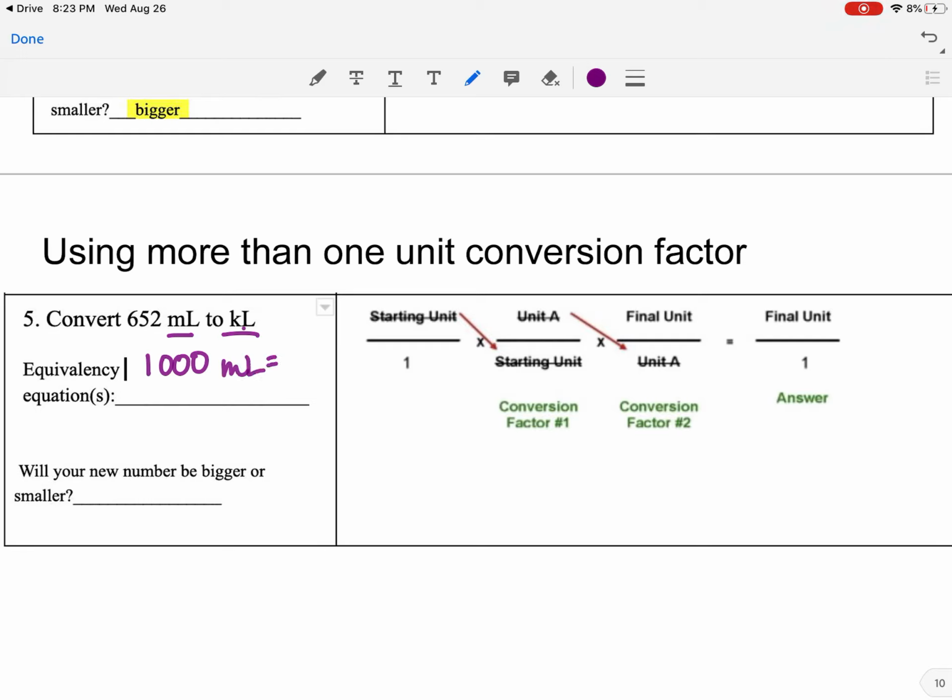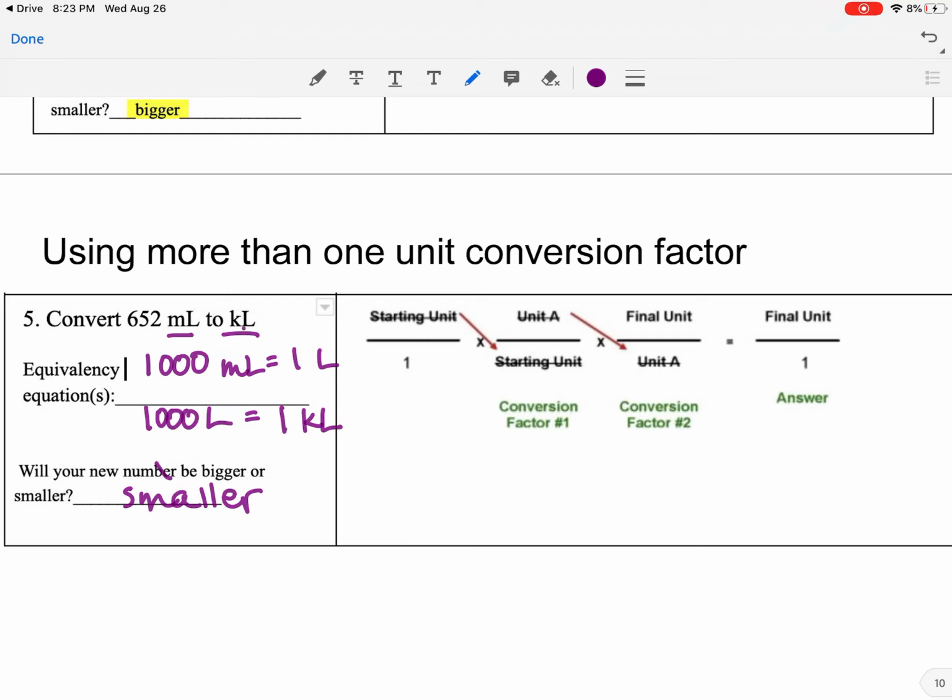I know that 1,000 milliliters is in 1 liter, and 1,000 liters are in 1 kiloliter. I'm going to expect my new number to be quite a bit smaller, because a milliliter is a tiny measurement compared to a kiloliter.